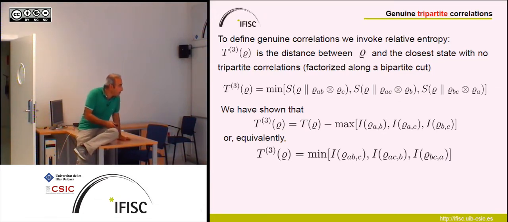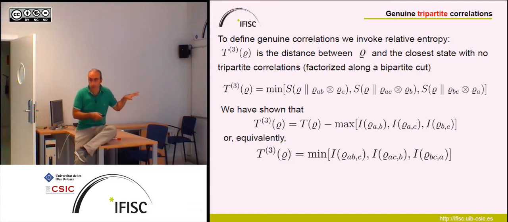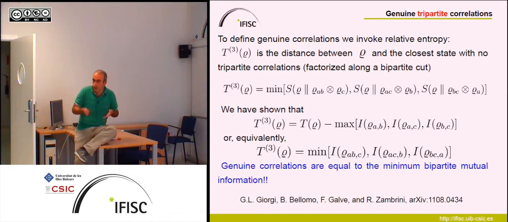This result seems a little bit technical, but it's very important because it allows us to apply all the things known for bipartite cases to calculate this T3, because it's just a bipartite object, even if it's describing a multipartite effect. Then genuine correlations are equal to the minimum bipartite mutual information present in the system.